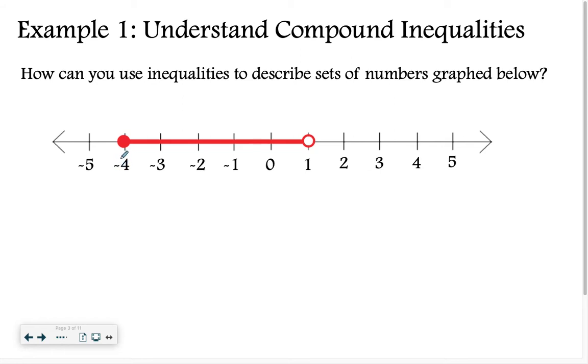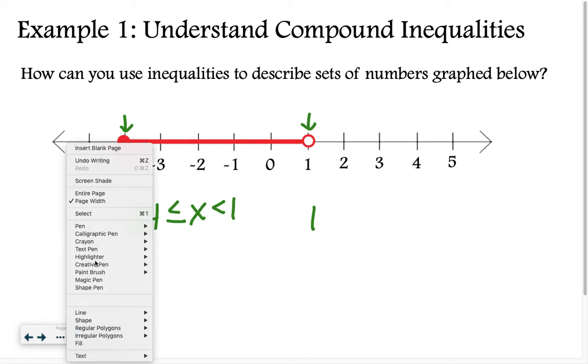This, however, is a little different. I have something at -4 and something at 1. You would say it's greater than or equal to -4. But if I follow that shaded line, it stops at 1, so it is also less than 1.